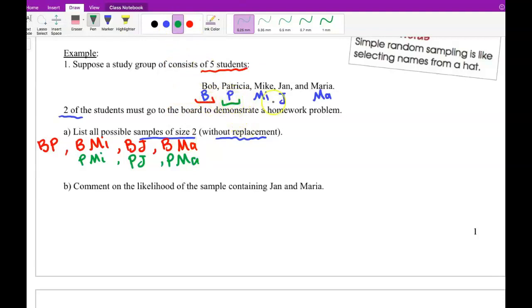Now without these two, starting here we have Mike. So MIJ, MIMA, so Mike and Maria. Okay, now without that one, the only part that remains is JMA, so Jane and Maria.